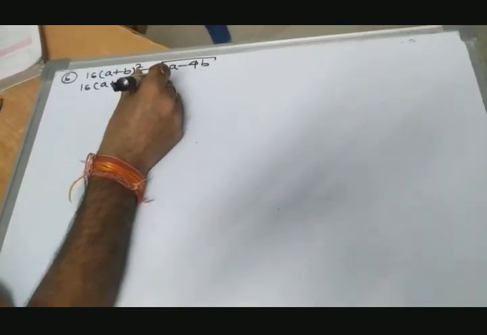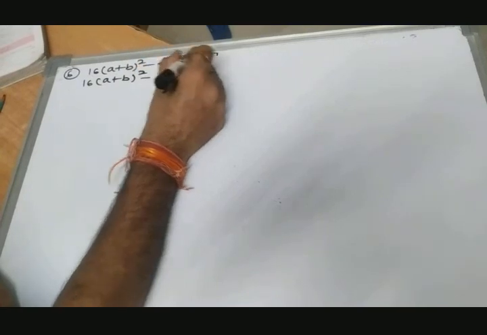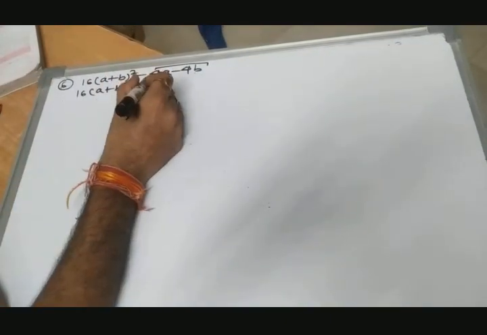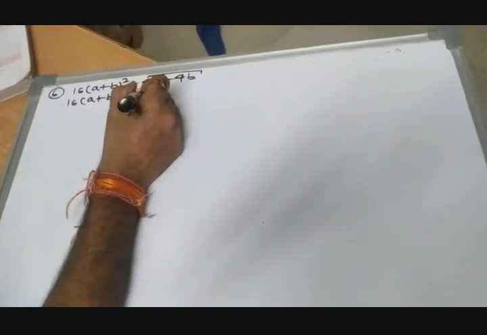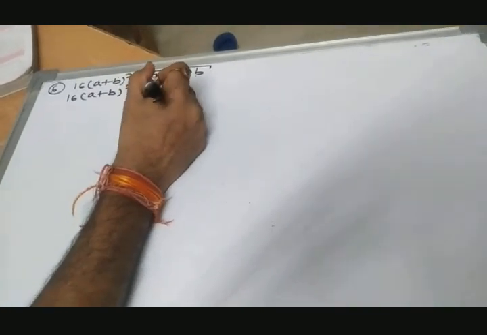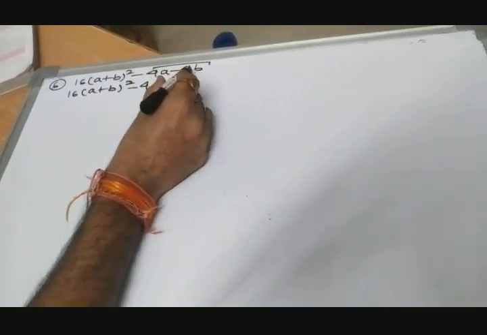Second term also contains 4 and third term also contains 4. So 4 is also taken as the common. Now we will divide each term, second term and third term, because minus 4 is taken as the common in second term and third term.